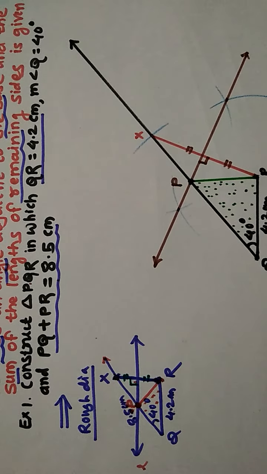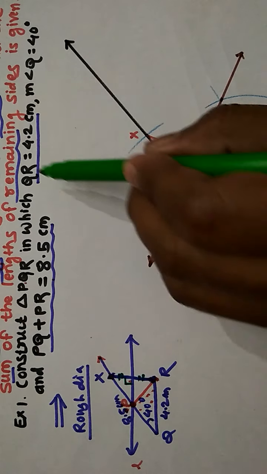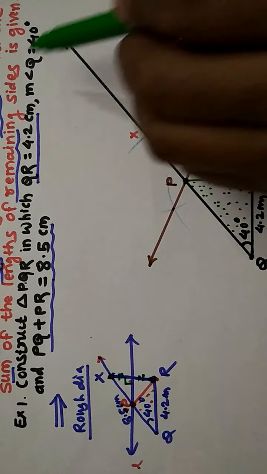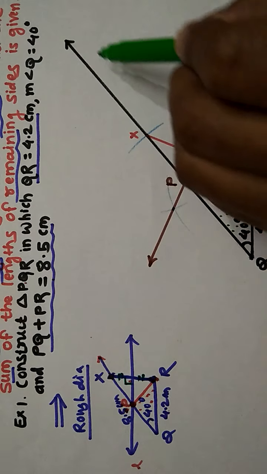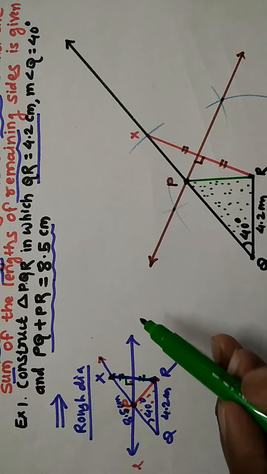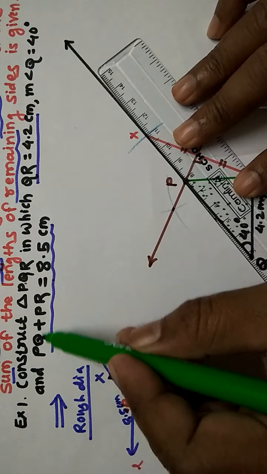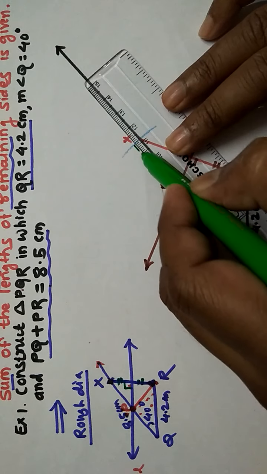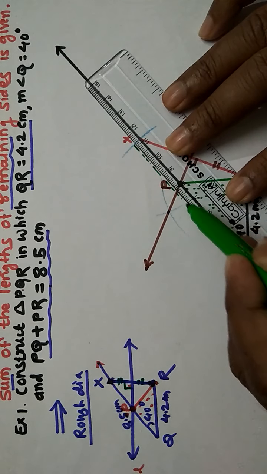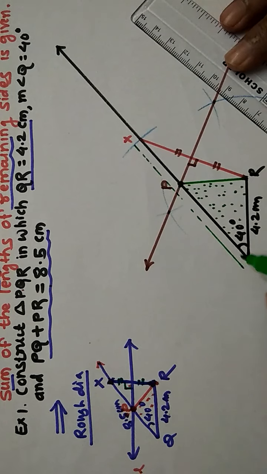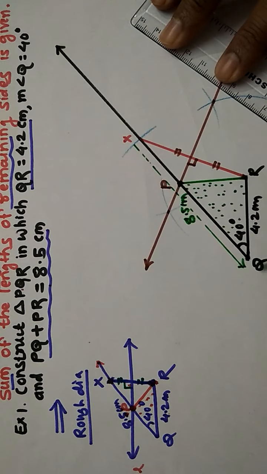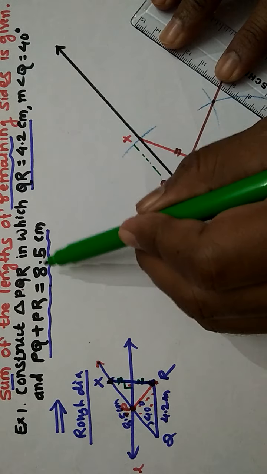We revise again. First, we draw QR as a base. Take point Q, having measure angle Q equal to 40 degree. Take the distance PQ plus PR. Now note here, this distance has measurement 8.5 centimeter.